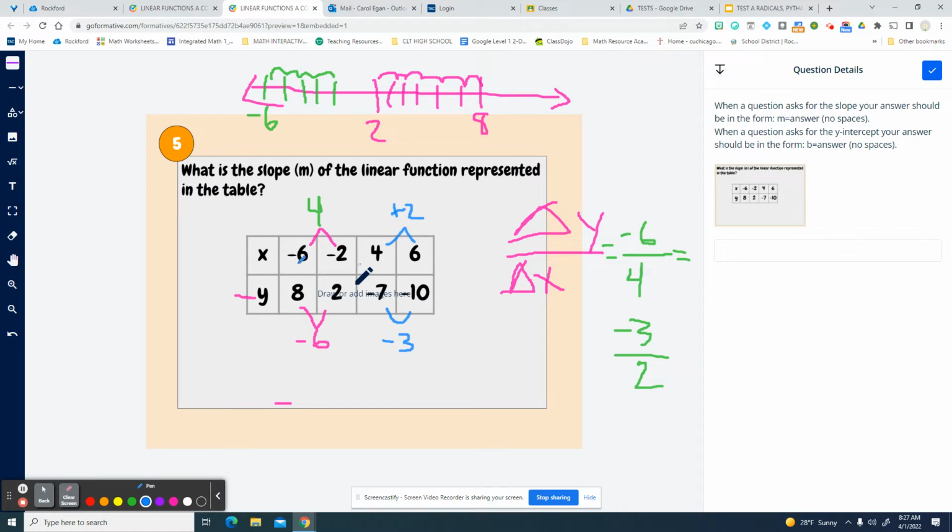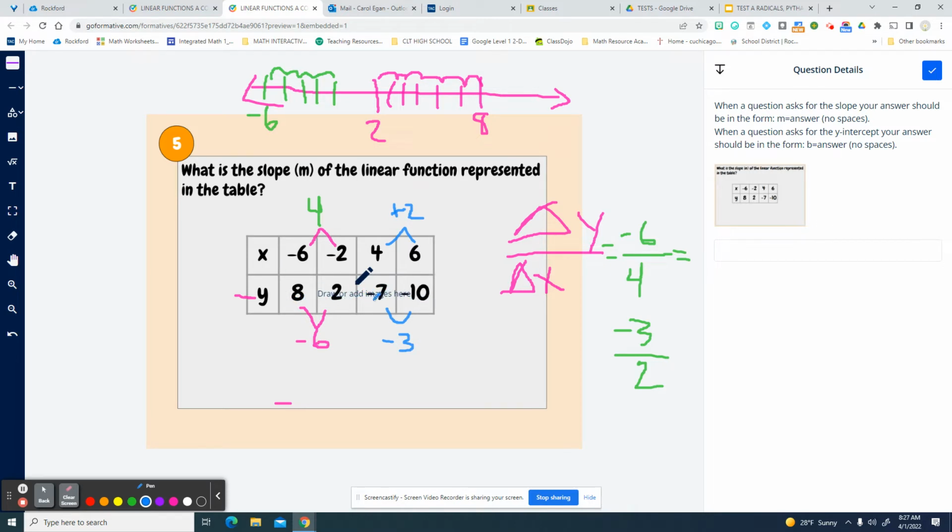Also, when you're thinking here, as long as x is going in order, meaning from least to greatest, when you're looking at your change in the y, if that's going down, right, if the numbers are decreasing, it's going to be a negative slope. If they're increasing, it should be a positive slope. Now, what happens when you're looking at a table and your y never changes at all?